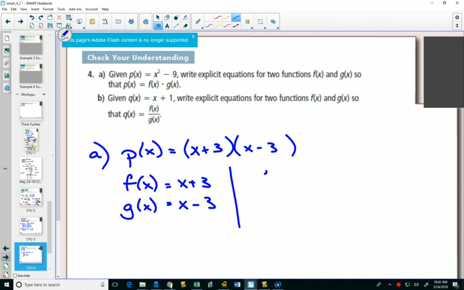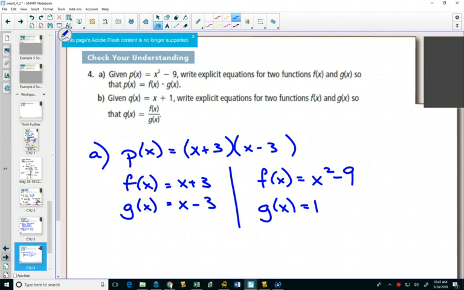Can you see a way that you could cheat on this one? Well, not cheat, but just be... If you made f of x exactly what you wanted to get, what would you have to make g of x here? 1. Perfect. And that would work as well.